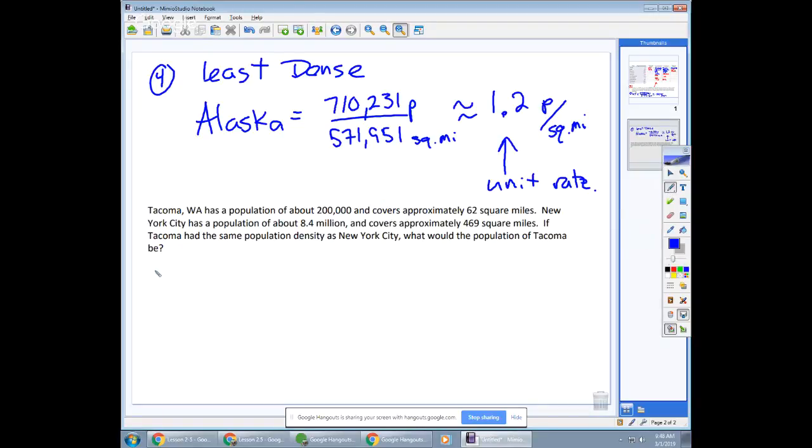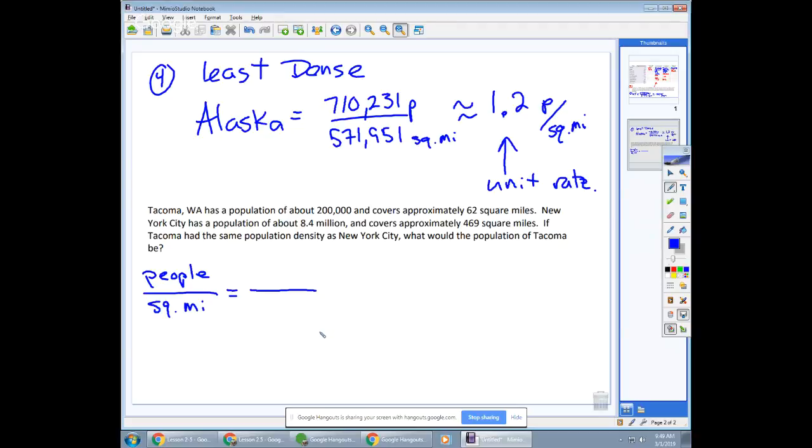First, my numerator is people, my denominator is square miles. We want to keep New York stable but change Tacoma, so we're going to write down New York first.